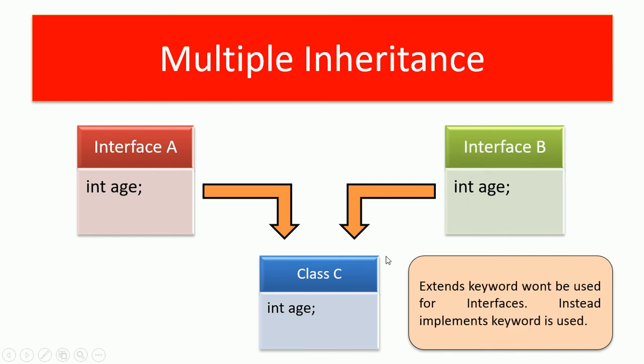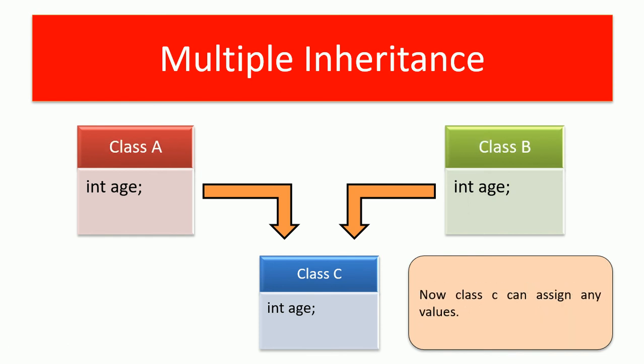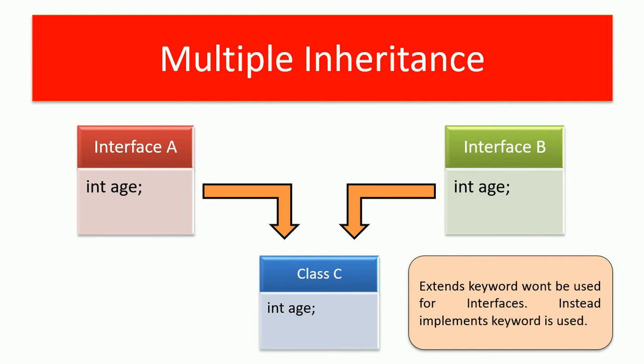Now, to prevent the age variable from having some value, we have changed class A and class B to interface A and interface B. Here comes the interface into the picture. Interface is nothing but a pure form of abstract class. What do you mean by abstract class? You can go back to the previous video and check what an abstract class and abstract method are, but I will tell you shortly here.